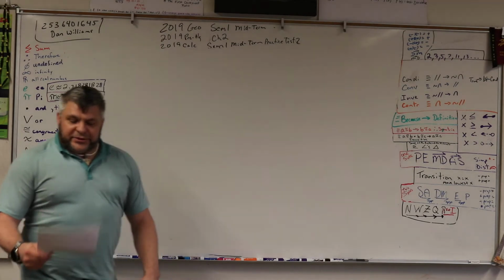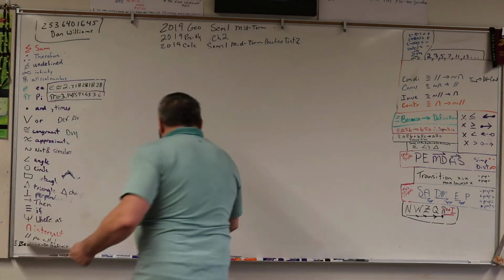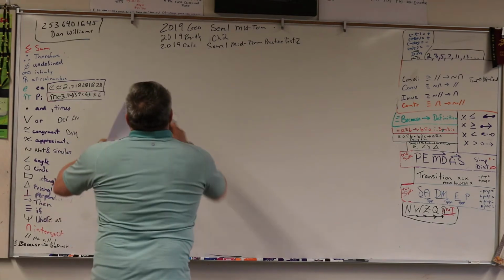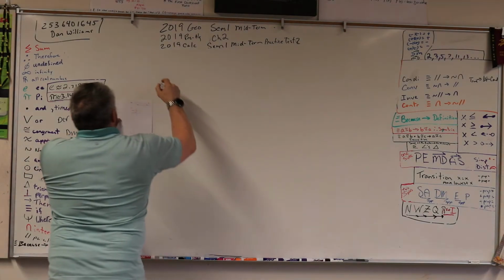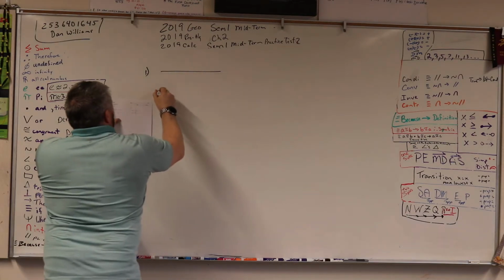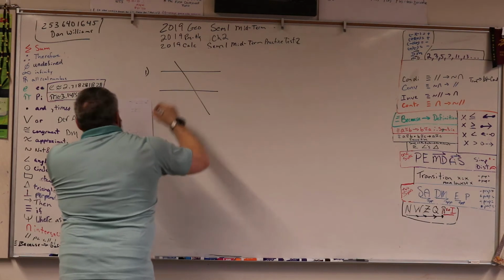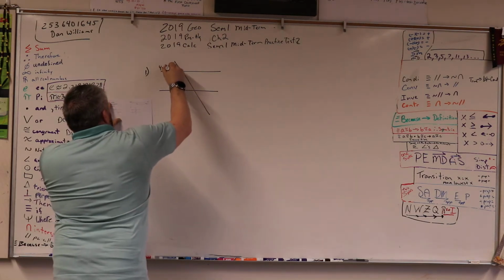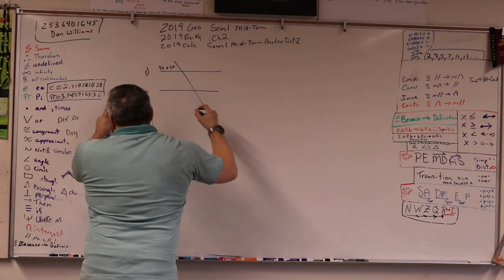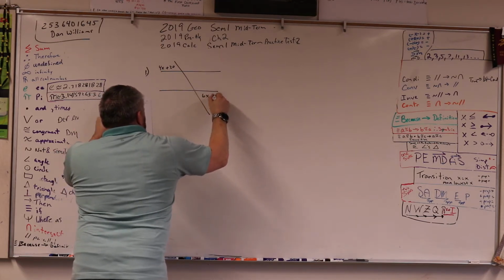The big quiz, number 1. To be able to do number 1, we have to understand a few concepts. Can we just add them together? We have 4x plus 20, and we have 6x minus 2.